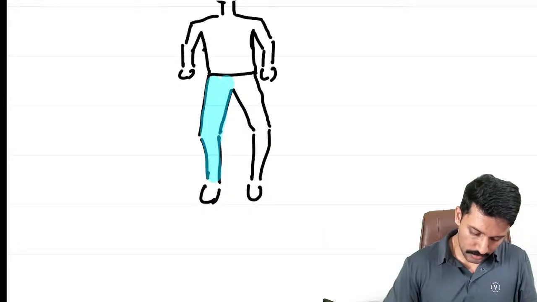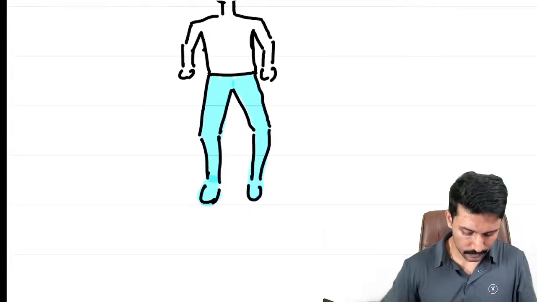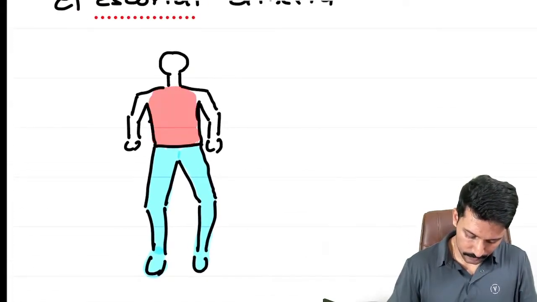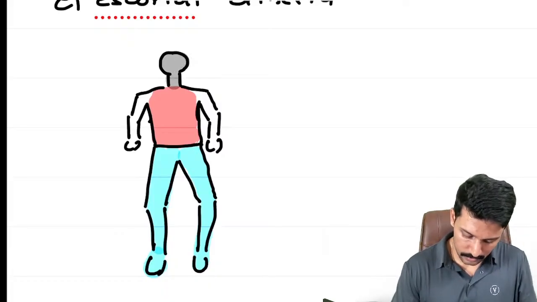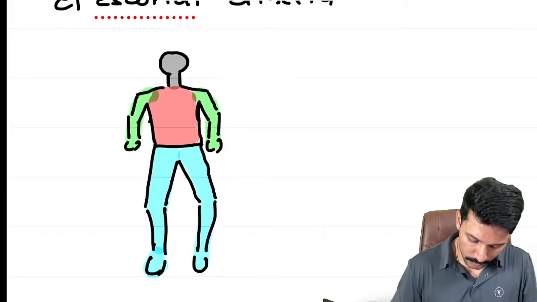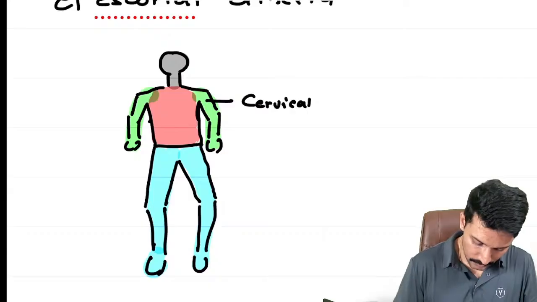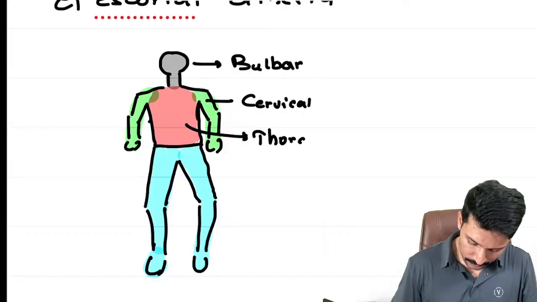So the body is divided into upper limb as cervical region, head and neck as bulbar region, chest and abdomen as thoracic region, and lower limb as lumbosacral.